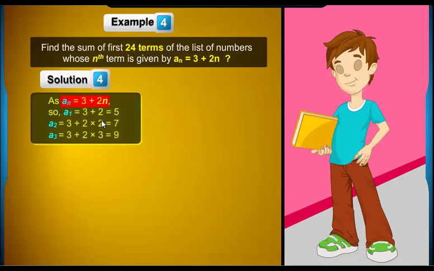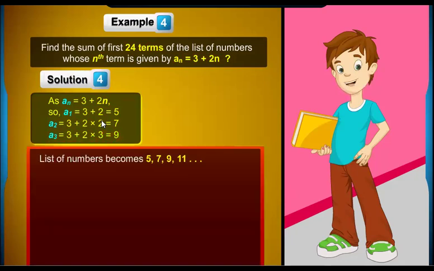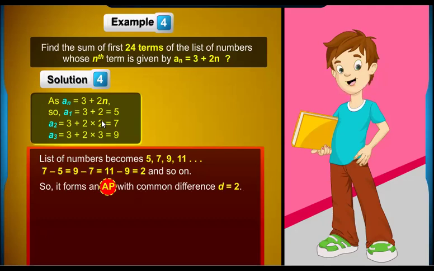As an = 3 + 2n, so a1 = 3 + 2 = 5, a2 = 3 + 2 × 2 = 7, a3 = 3 + 2 × 3 = 9. The list of numbers becomes 5, 7, 9, 11, and so on. Here, 7 - 5 = 9 - 7 = 11 - 9 = 2, and so on. So it forms an AP with common difference d = 2.